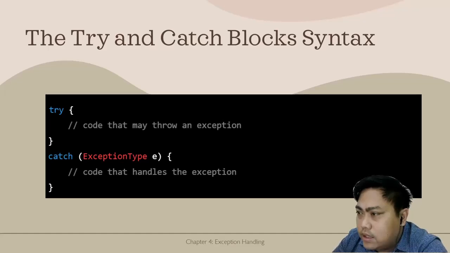If this line of code produces an error or an exception, the catch block with the corresponding exception type will handle the exception generated or found in the try block.